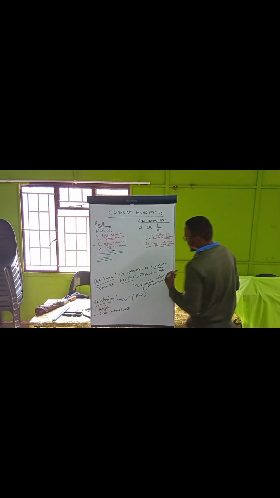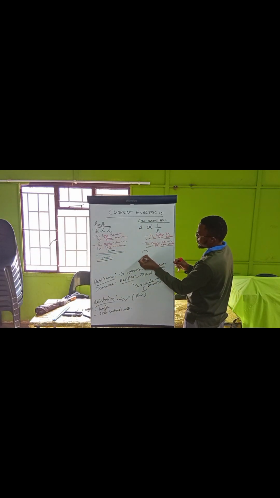Now in this case, the thicker the wire, the less resistance, and the thinner the wire, the more resistance. So in this case again, how do we explain it? Thinner, more; thicker, less.